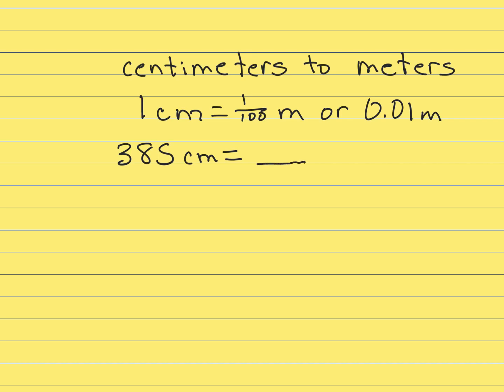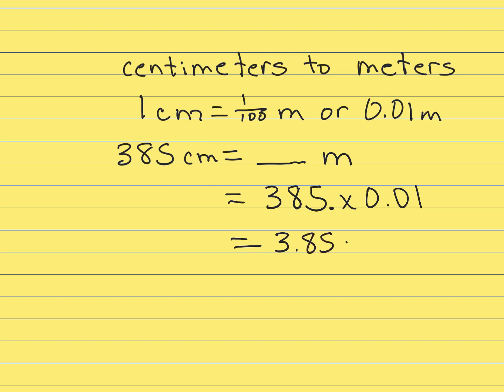So we want to say how many meters, okay? So to get the answer, we would have 385 times 0.01. Then we would move our decimal over. Pretend you have a decimal there. You do, 2. So we'd have 3.85 meters.